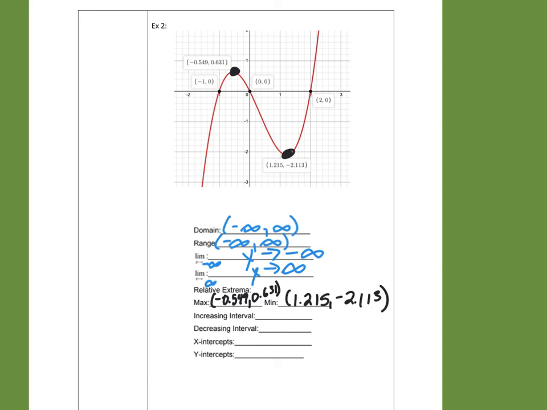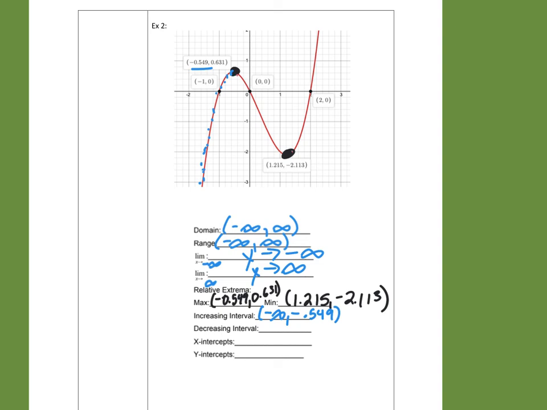Okay. Now we've got our intervals. So we'll start running here. First one is going to obviously be increasing. Okay. So from negative infinity to this x value. So negative 0.549. That's increasing.